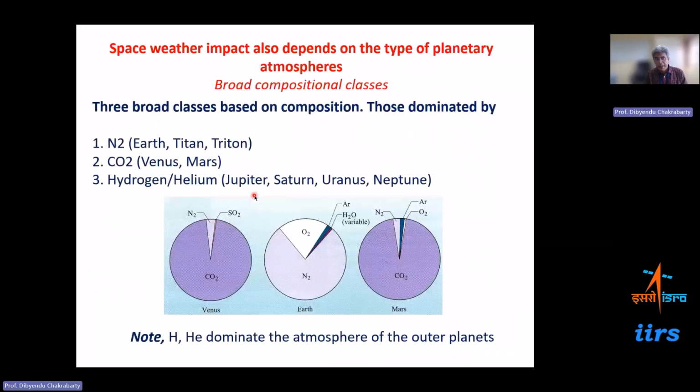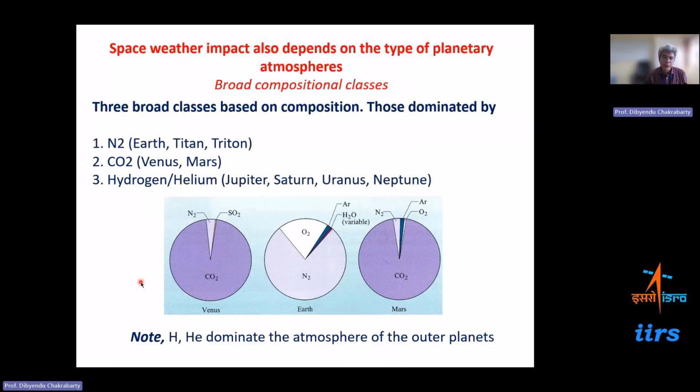Now, space weather impact also depends on the type of planetary atmosphere. For example, Earth has a nitrogen-rich atmosphere. If you go to Venus and Mars, it's a carbon dioxide-rich atmosphere. And if you go to the outer planets, it is a hydrogen and helium-rich atmosphere. Why is it important? Because when the solar wind comes, it hits the outer part of the atmosphere.